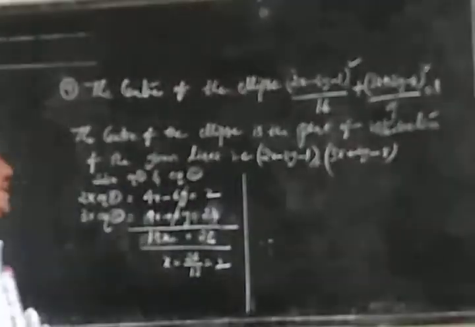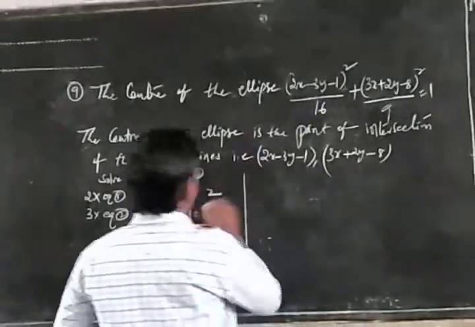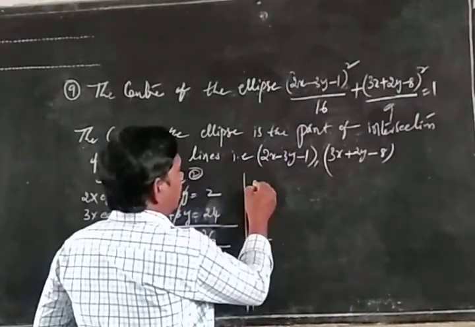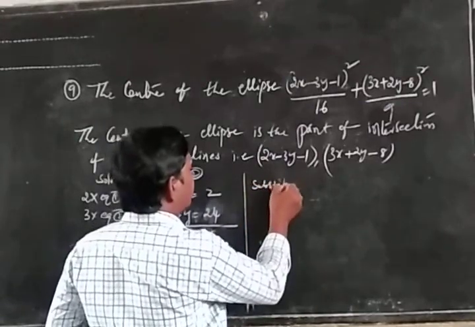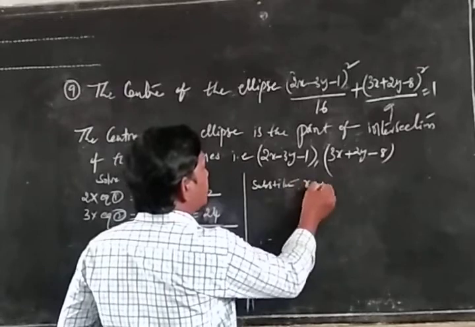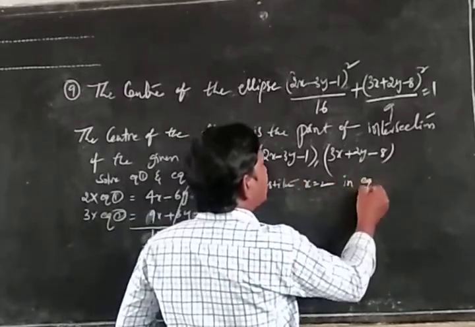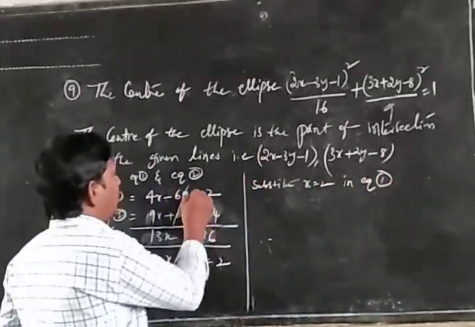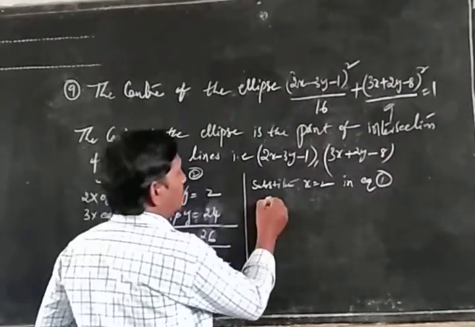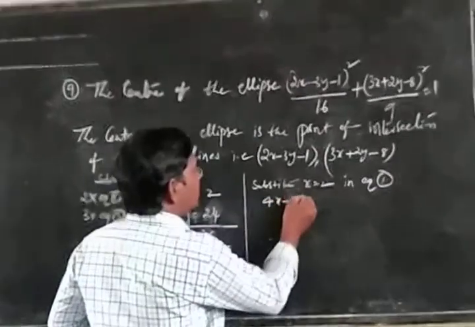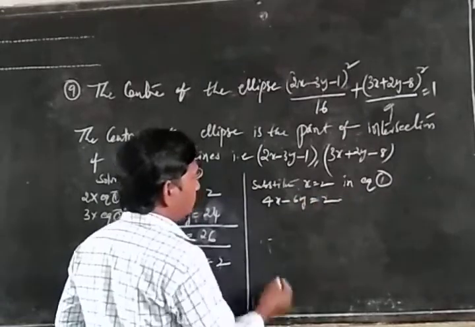Substitute in any one equation. Substitute x equal to 2 in equation 1 for getting the y value. 4x minus 6y equal to 2.